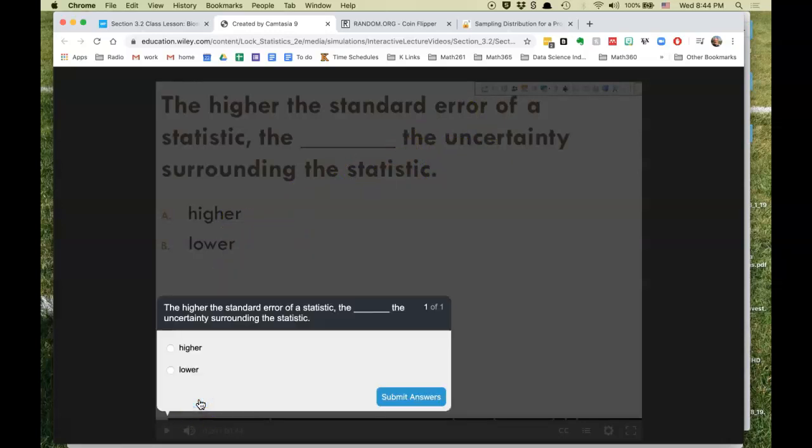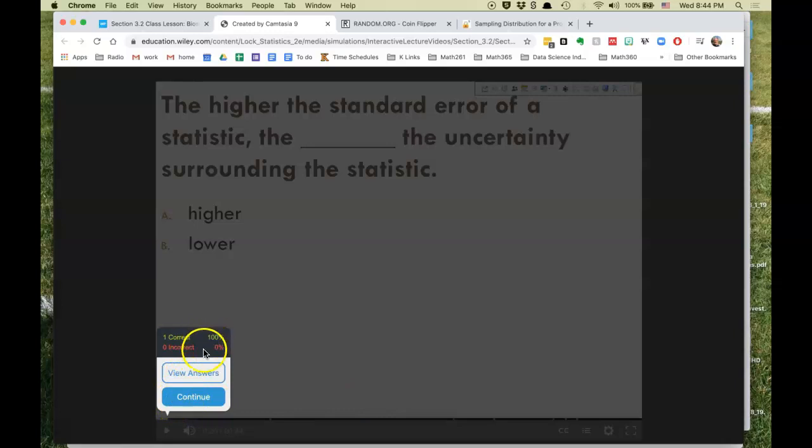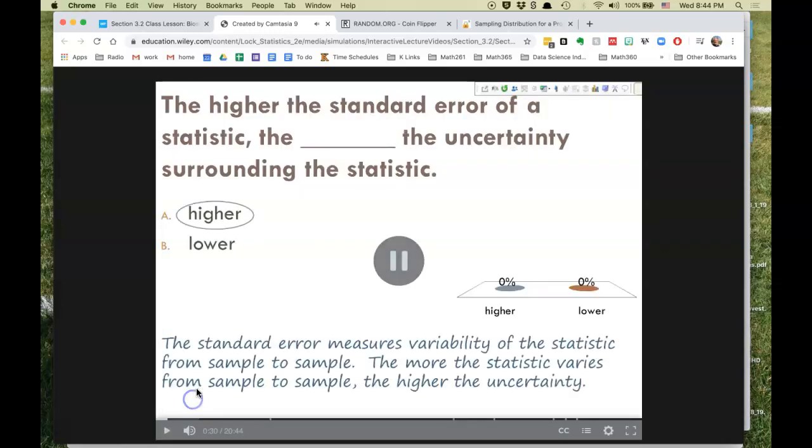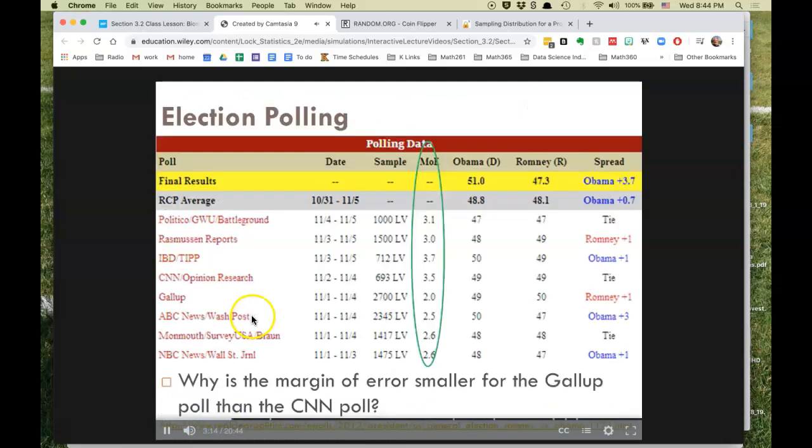So you can take the quiz now and state your answer, higher or lower. The higher the standard error should be the higher the uncertainty. So we submit that and it's correct. We continue, and then it will continue on with the lesson. There are a few places along the way where it will prompt you for a little quiz, and that's a good check of your understanding.